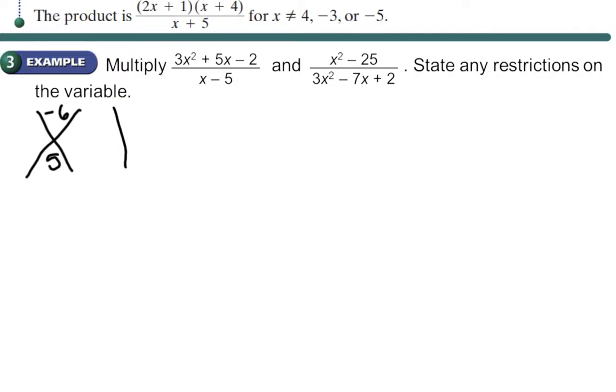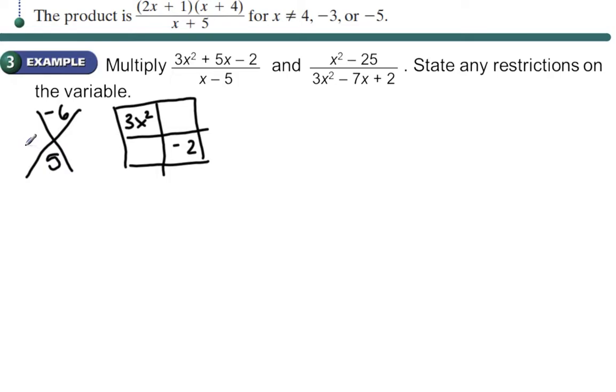And then we're going to use the box method. Wow, those lines are really not straight. Sorry about that. Okay, and then we know the 3x squared goes up here. The negative 2 goes down here. Now we need to find factors of negative 6 that would give us a positive 5.